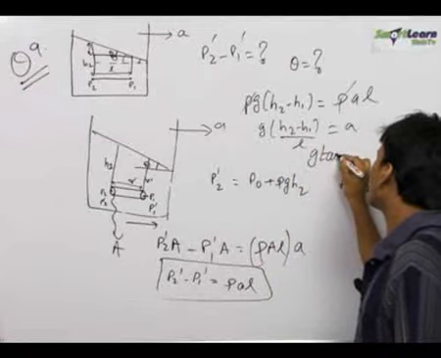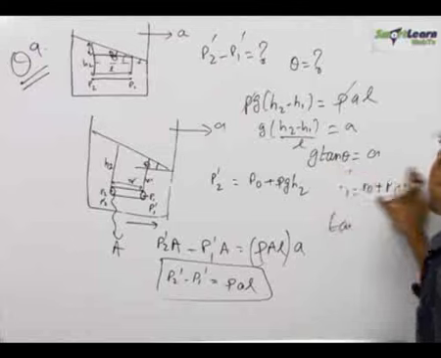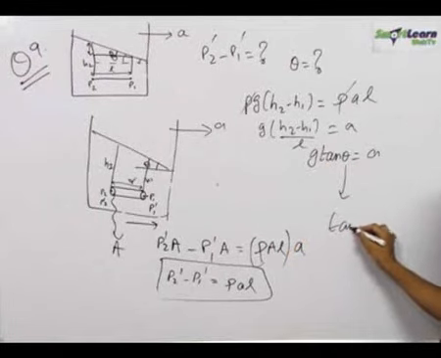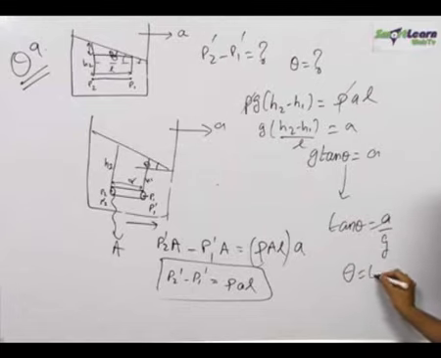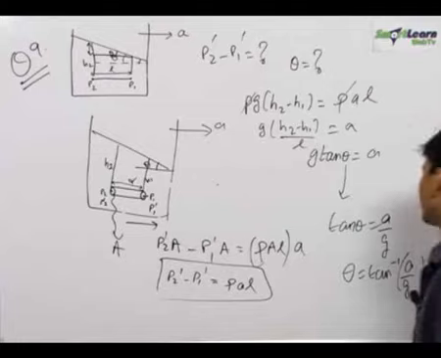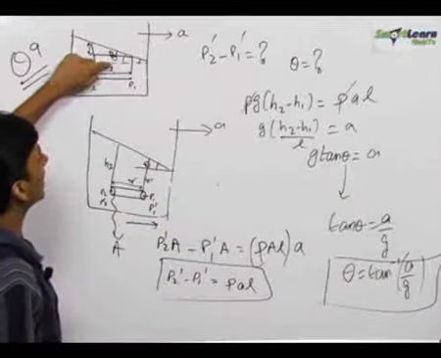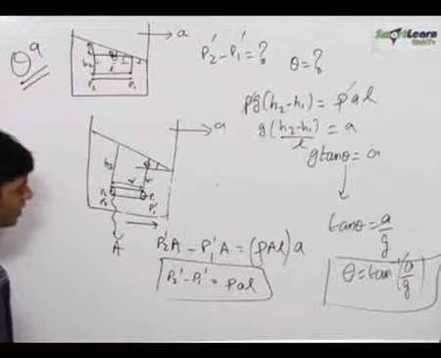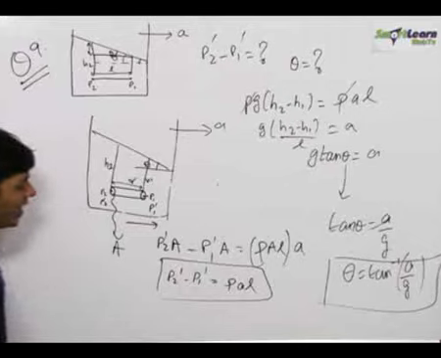Therefore we get g tan theta is equal to a, rather tan theta is equal to a by g, that is theta is equal to tan inverse a by g. So our final answer for the angle theta made by this surface of water is tan inverse a by g, and the difference in pressures at these 2 points is equal to rho a L.